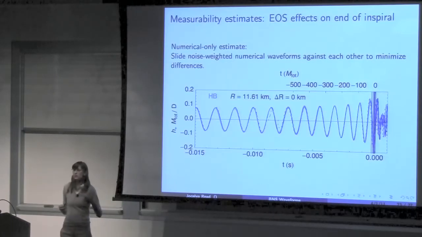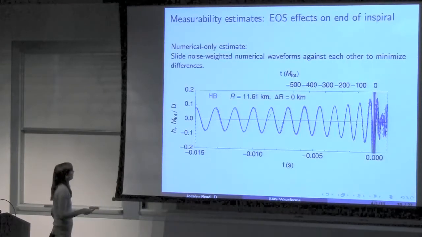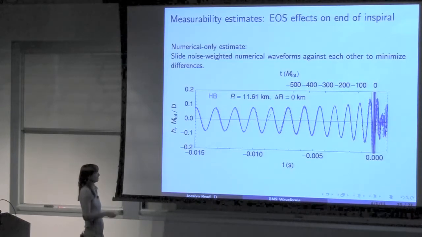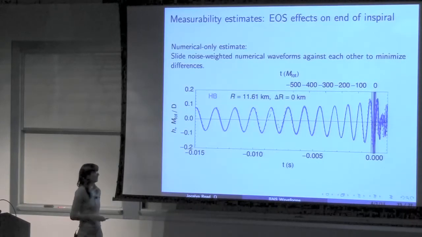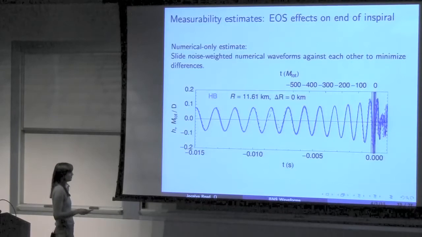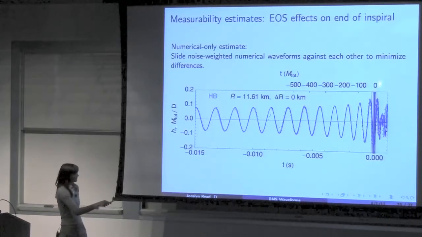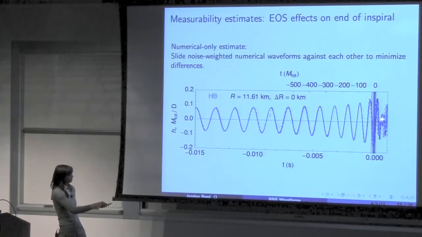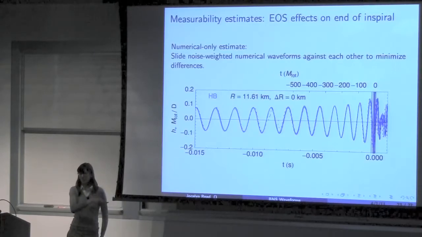Okay, so we actually do this in the time domain, but it's mathematically equivalent to the inner product that you use in a detection or in a search. And we minimize over the range of the waveform the difference between the waveform and an underlying base model. So the underlying model is a very long HB waveform. This is sort of the underlying level of error that you have in this procedure, because all of the things that we're matching here are HB waveforms.